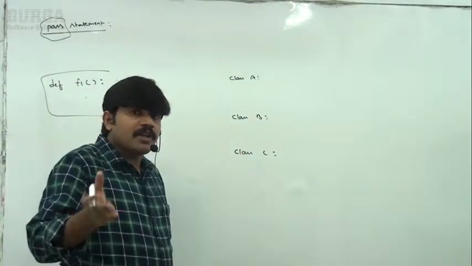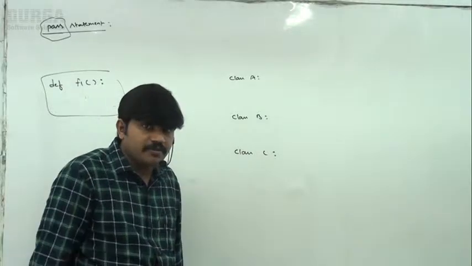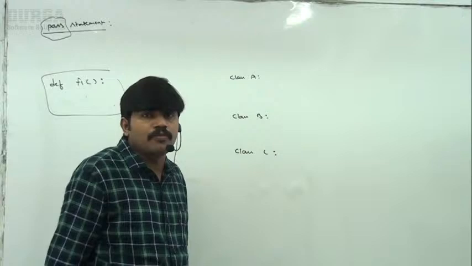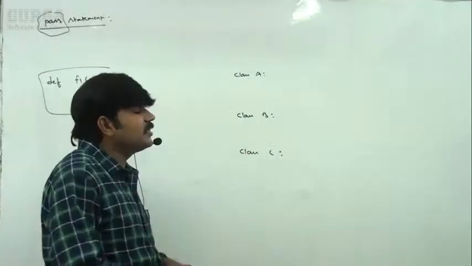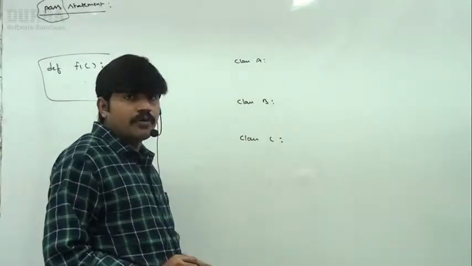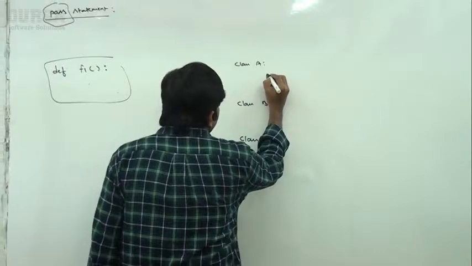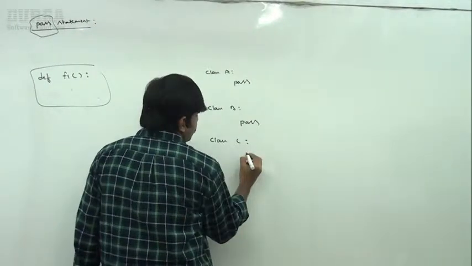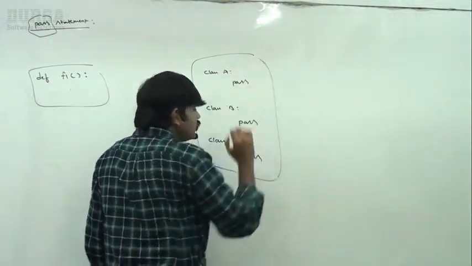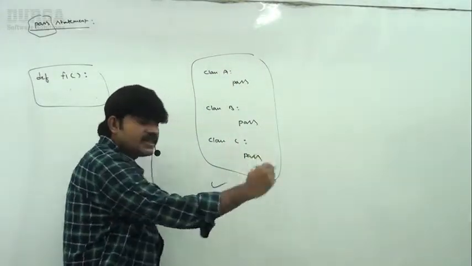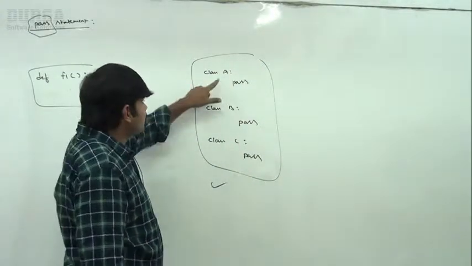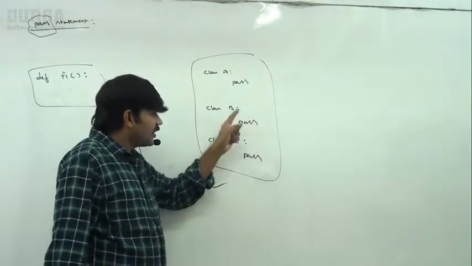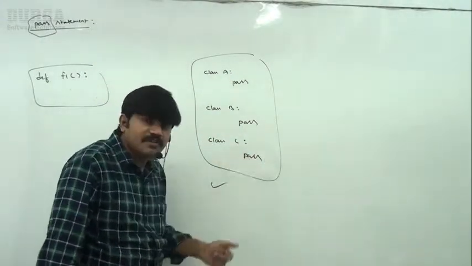But for every class, a body is required, and at the beginning I don't know the body. I just want to place an empty body. So what do I have to take? Class A pass, class B pass, class C pass, that's all. Like this, it is syntactically valid. Class A has an empty body, class B has an empty body, and class C has an empty body.